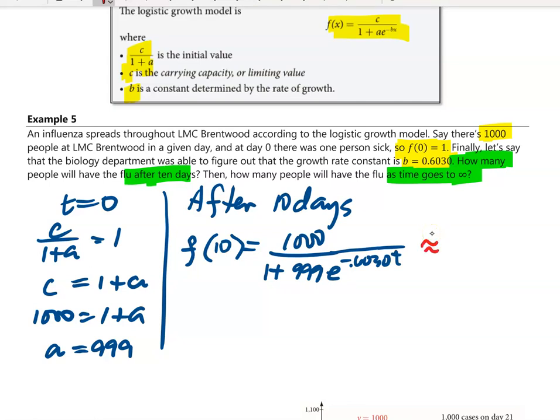And this is approximately equal to 293.8, and because the actual number must be a whole number, a person has either had the flu or not, we round it to 294.